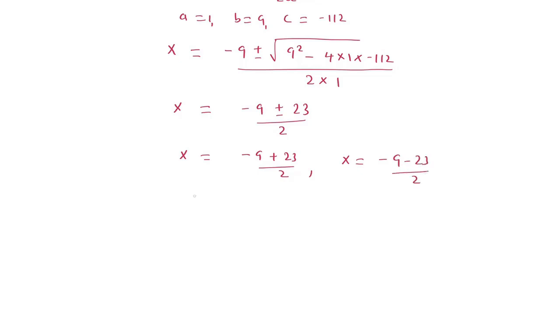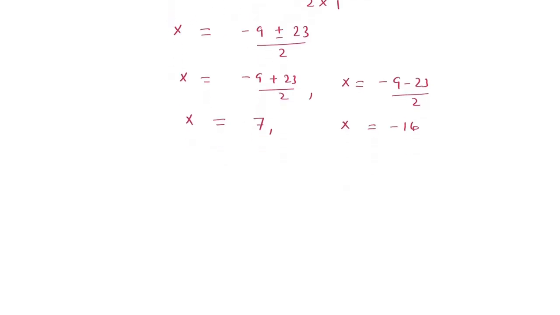Solving further, we have x equals 7, or x equals negative 16. Here we take the positive value since age cannot be negative. Then the age of John is 7 years old, and the age of Rachel is 7 plus 3, which equals 10 years old.